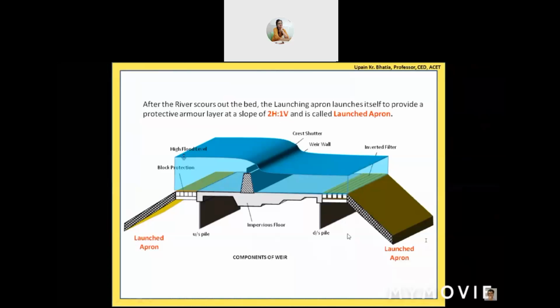That means whatever the depth up to which the river has scoured, twice that depth will be the horizontal, so it will be sloping with this slope of 2 horizontal to 1 vertical. So we have to design this launched apron or the launching apron so that in the eventuality of flood, it will launch itself into this slope. Okay, I think up to this point it is very clear to you.